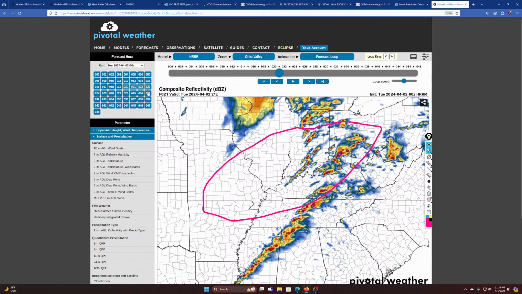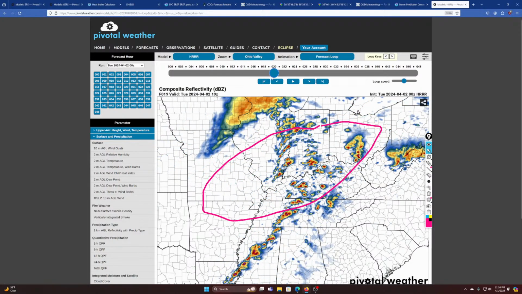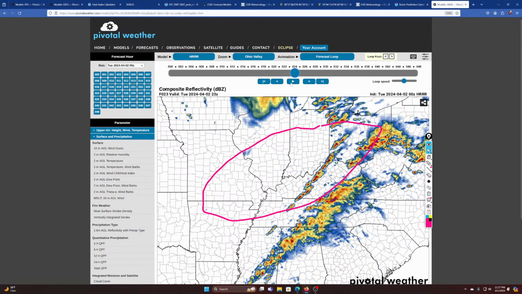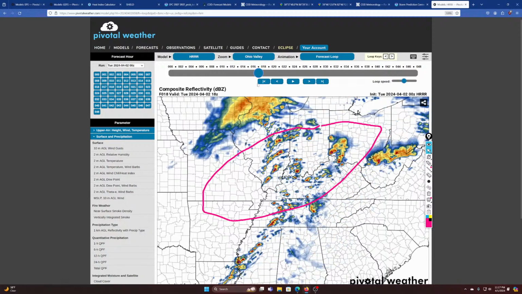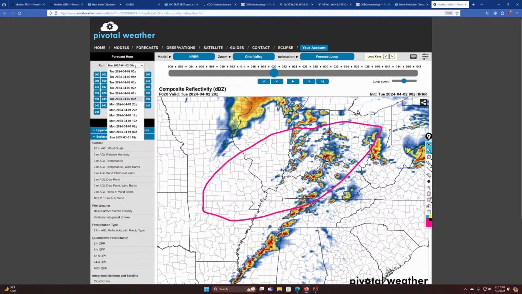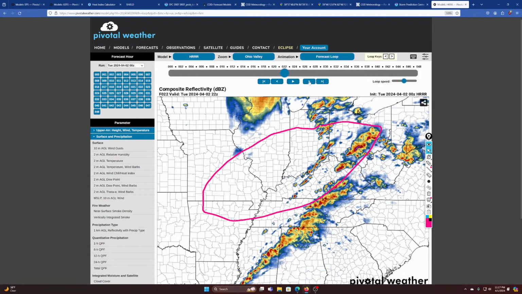And an area that satisfies that is up here at 21Z. You can see, for example, let's take a sounding. Let's just keep it at the same time. Like this one is kind of by itself.